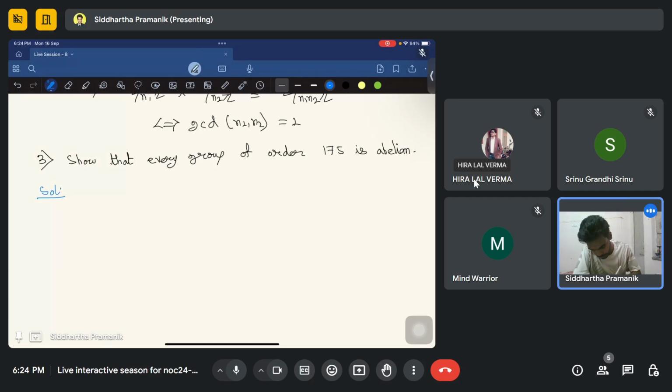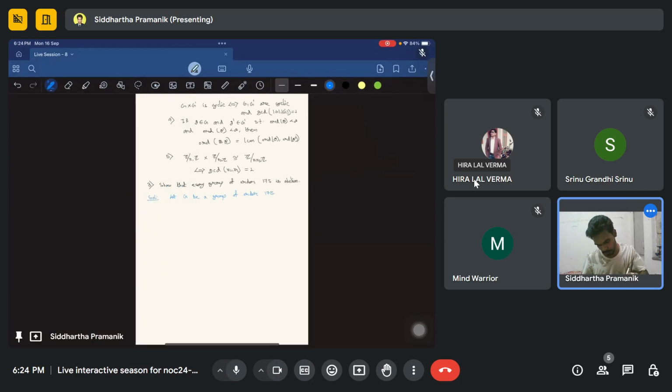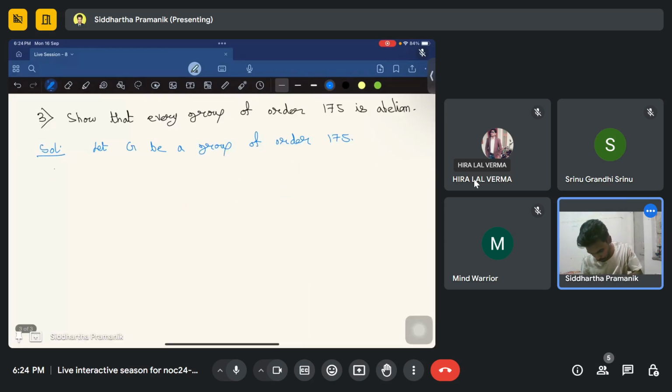So let G be a group of order 175. So we want to use the Sylow theorems, right? So let's find the prime factorization of 175.